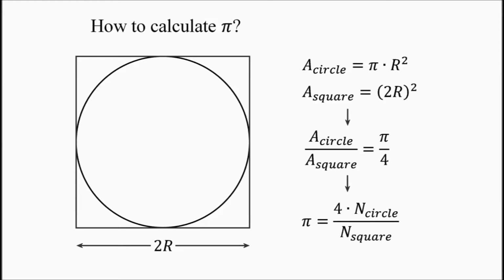And we just say, okay, I cannot actually measure both areas, but let's estimate the relation between the area of the circle versus the area of the square by the number of raindrops that hit the circle and the square. And if we can do this, then we could actually calculate pi relatively easily.